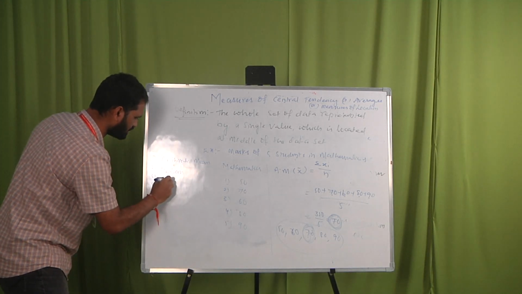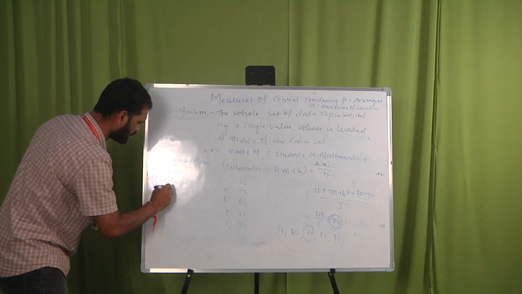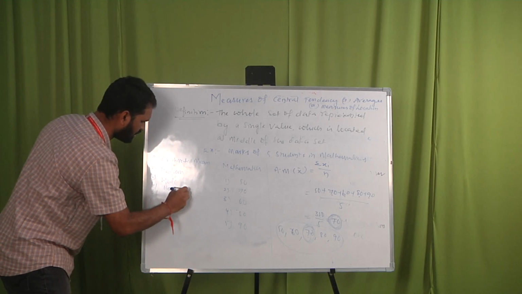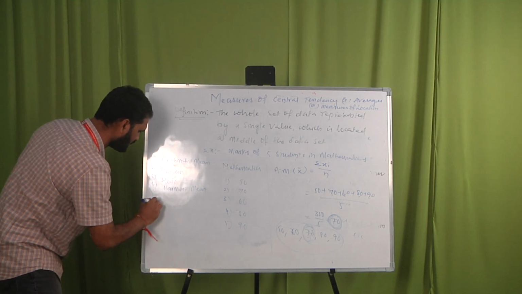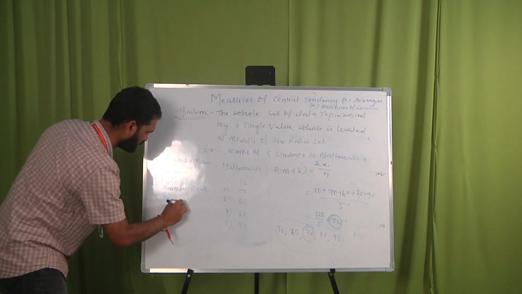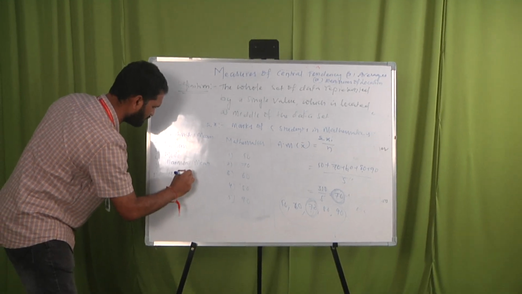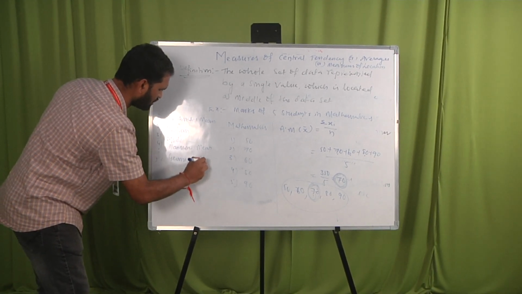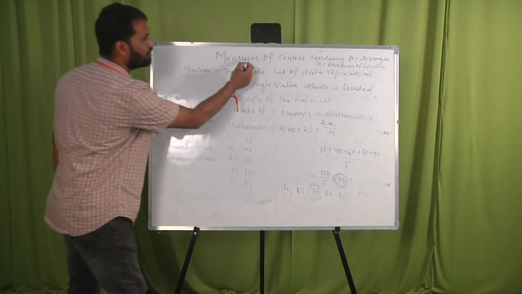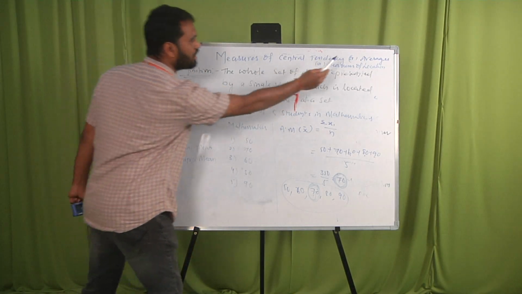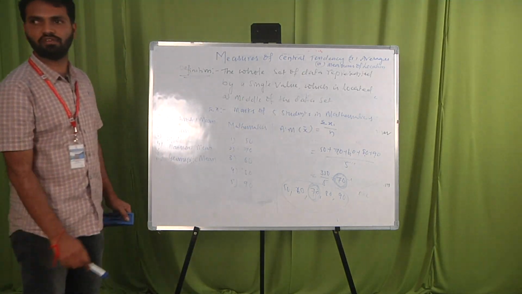Third one is mode. Harmonic mean. Next, fifth one is geometric mean. All these five are called measures of central tendency or averages or measures of location.